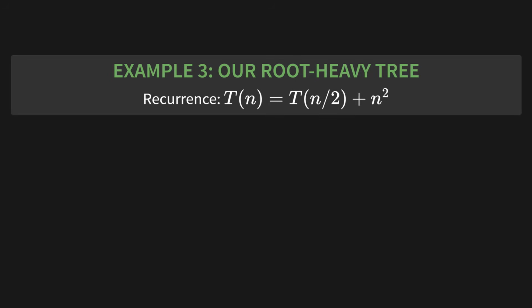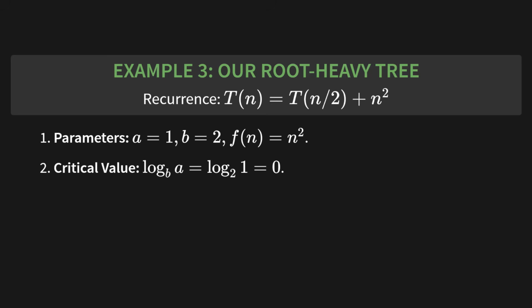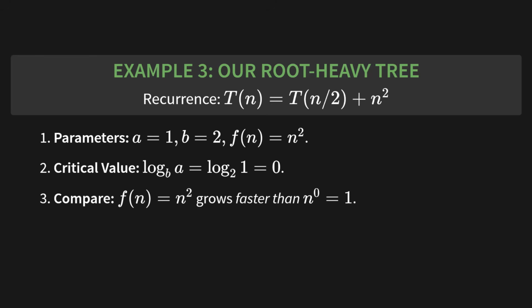Our root-heavy tree. T(n) equals T(n/2) plus n squared. Parameters: a is 1, b is 2, f(n) is n squared. Critical value: log base b of a is log base 2 of 1, which is 0.